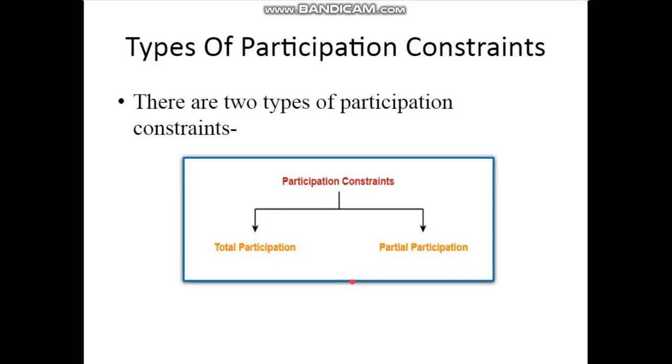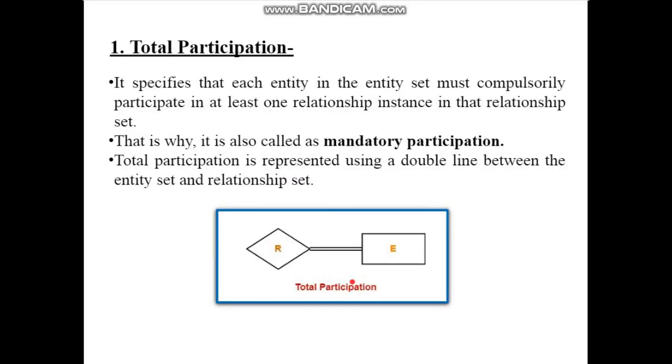Type of participation constraints. There are two types of participation constraints. As you can see in the diagram over here, participation constraints are of type total participation and partial participation. Now, what is the meaning of total participation?